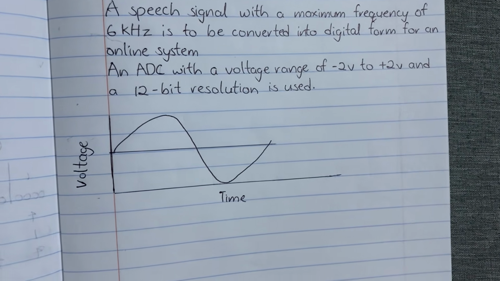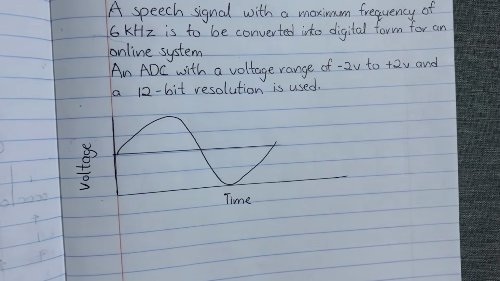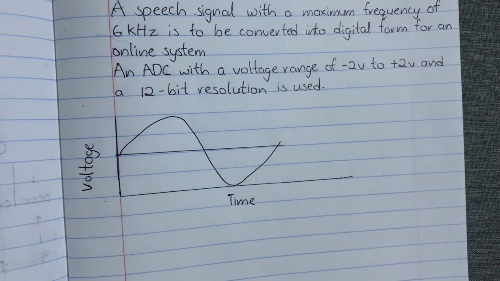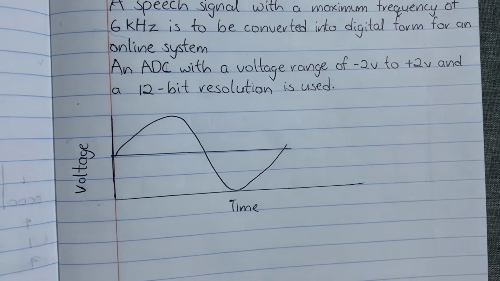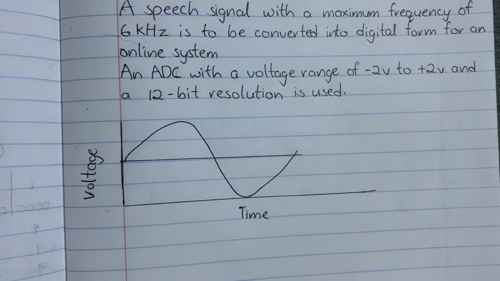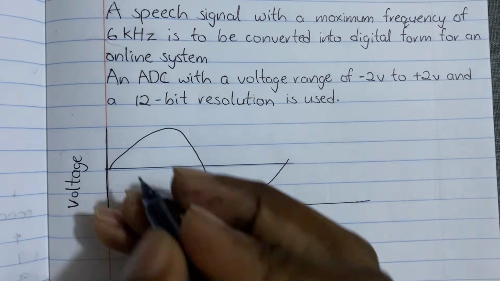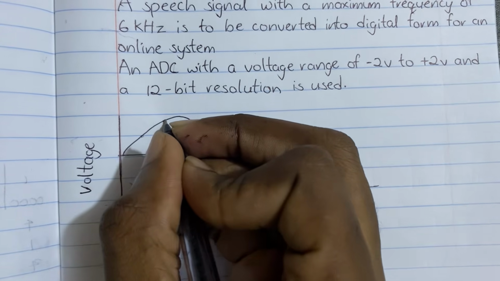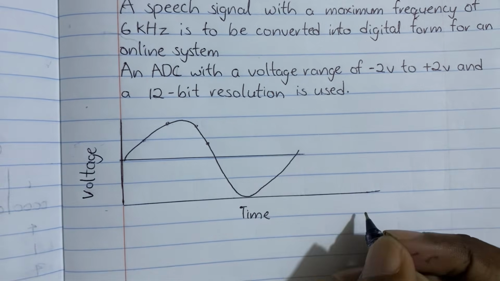Okay, so we know that a sound is a wave, and a wave is an analog signal. So how do we convert this to a digital signal? We are going to take samples at some discrete points. So let's assume we sample this point, this point, this point, and this point.